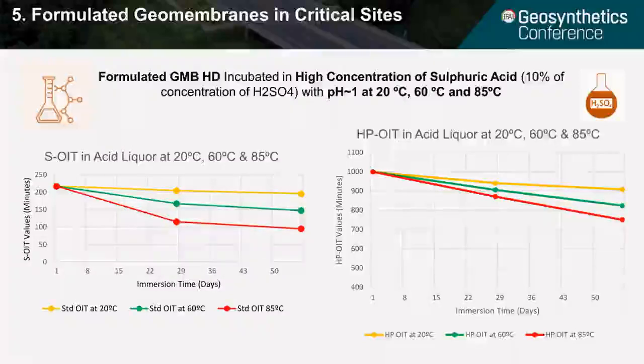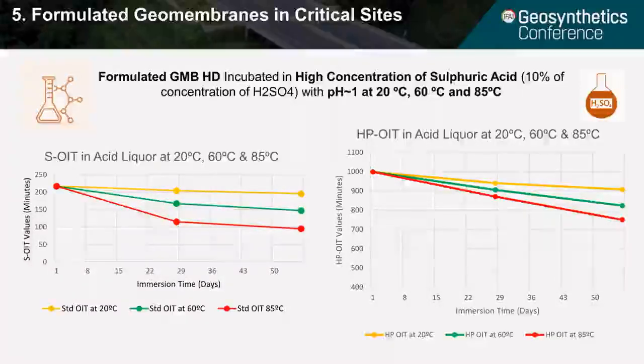The second graph showed that after almost 60 days of immersion in acid liquids at 20 degrees, it has retained more than 90%, at 70 degrees more than 65%, and at 85 degrees more than 40% of its standard OIT.